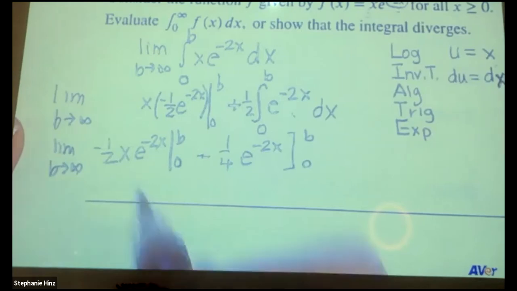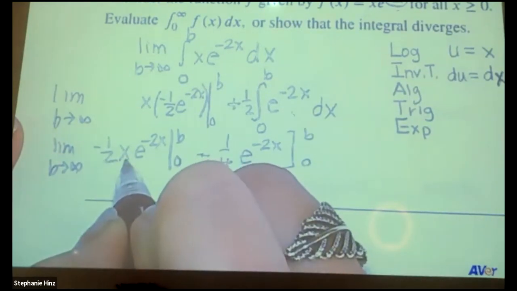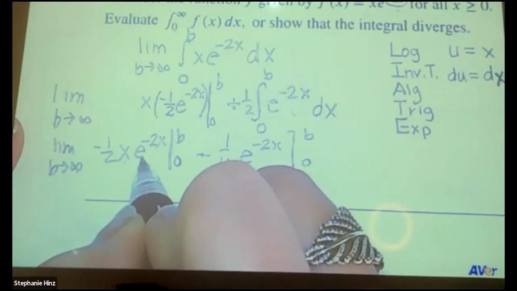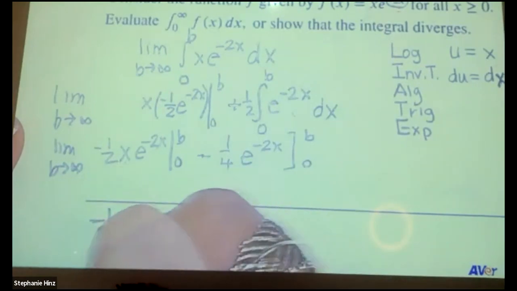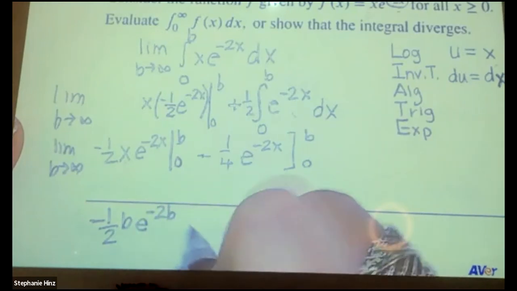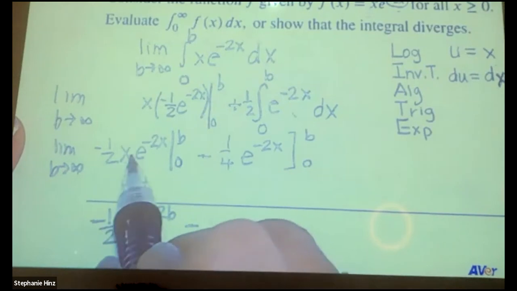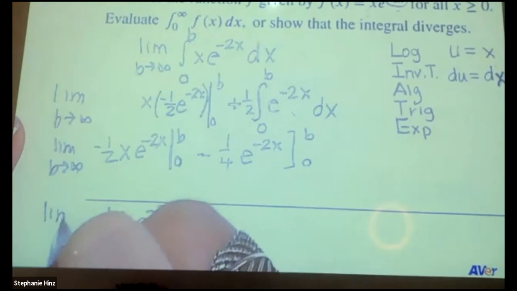So if I plug in infinity for b, I've got negative 1/2 times infinity, and then divided by e to the negative. So we've got a whole lot going on there. Let's just plug that in and look at it. And then if I plug in 0 here, thankfully the x makes the whole thing 0, so I shall leave that alone.